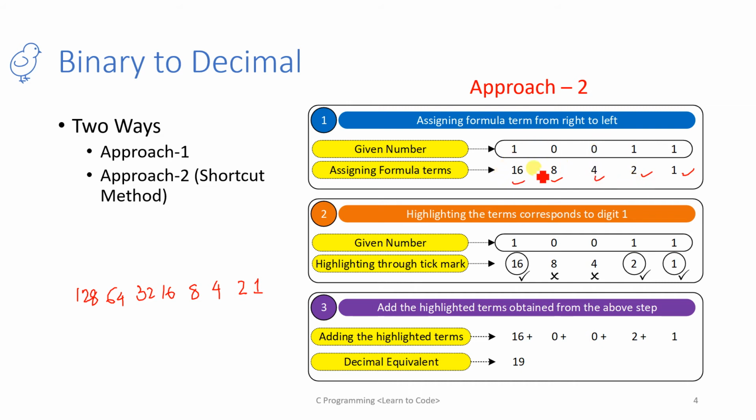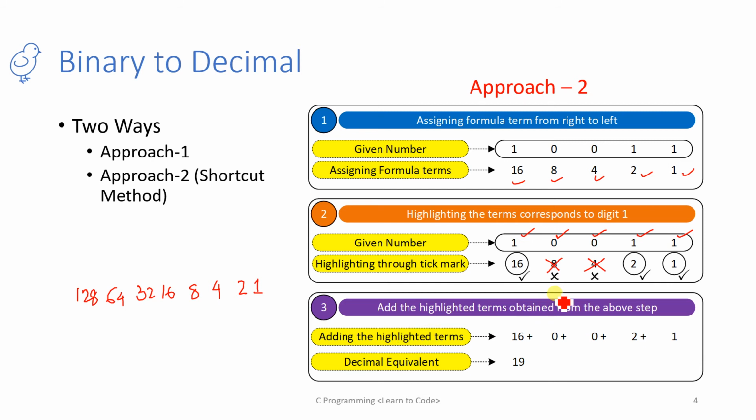In the next step, step number 2, we circle the numbers which are present below the 1s. Here it is 1, here it is 1 and here it is 1. So I have circled those numbers, that is 1, 2 and 16. The remaining numbers, which are below the 0s, we discard; that means we assign 0 to those places.